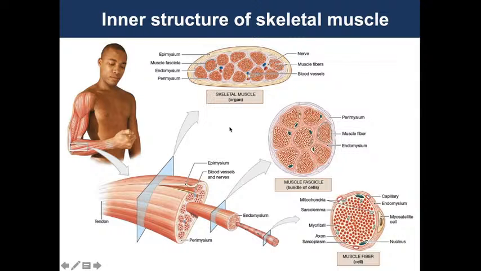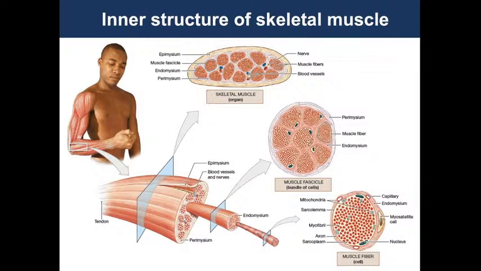When we cut one, another fact is that there is a connective tissue surrounding the muscle, visible here. We call it epimysium, or sometimes we call it fascia.